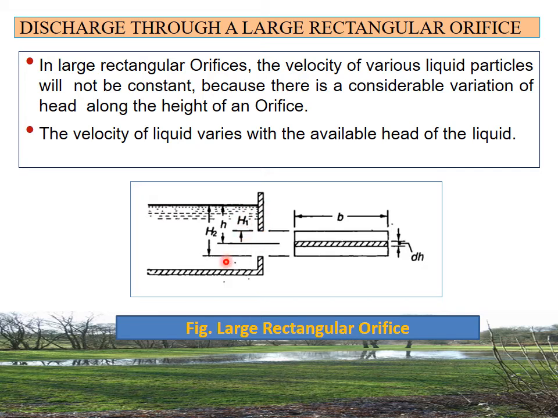From the bottom of the orifice to the free surface, the water height will be h2. From the center to the free surface, the height is taken as h.